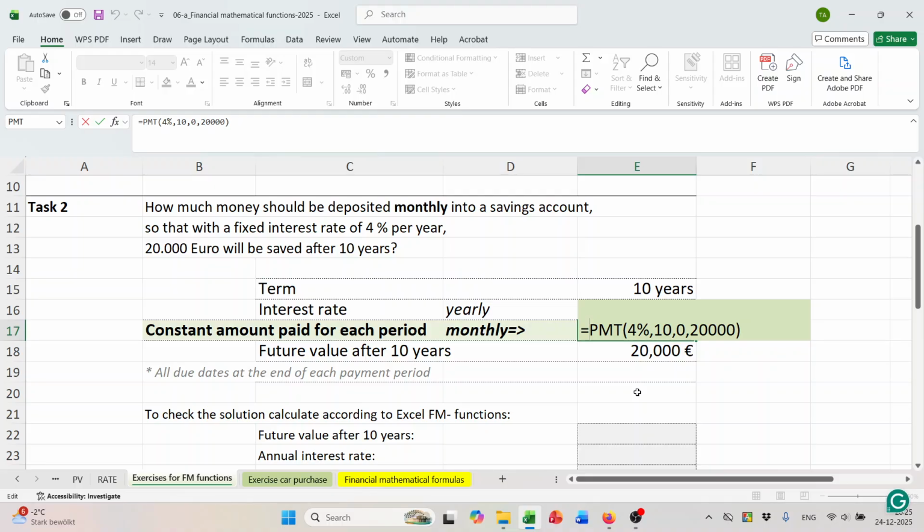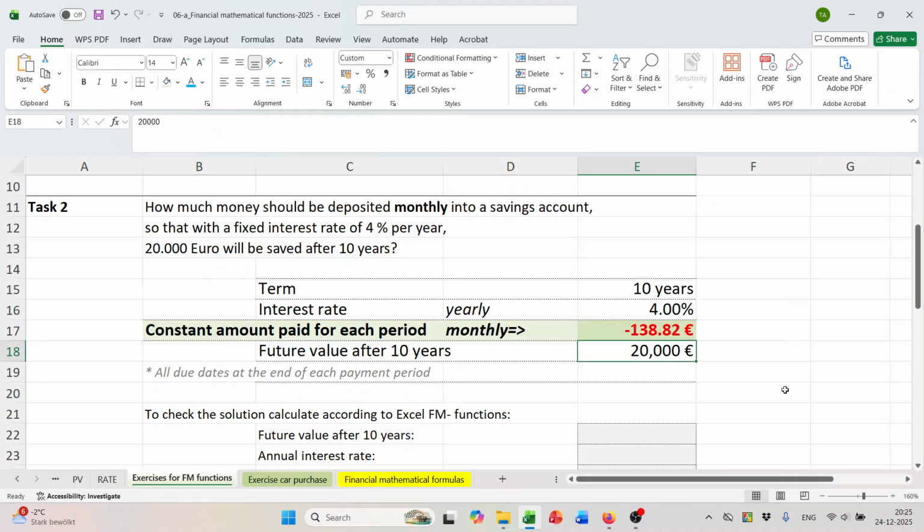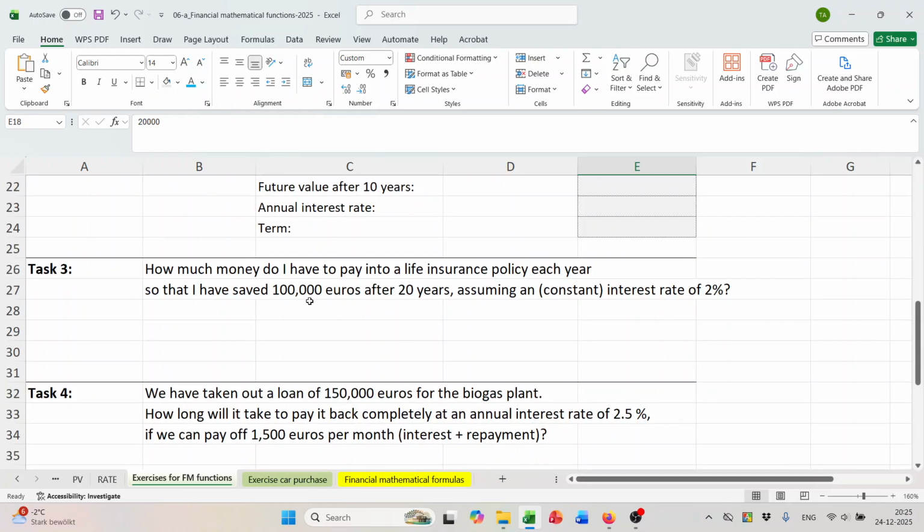For dividing by 12, we need to close the whole formula in brackets and then divide by 12. So this is our monthly payment.